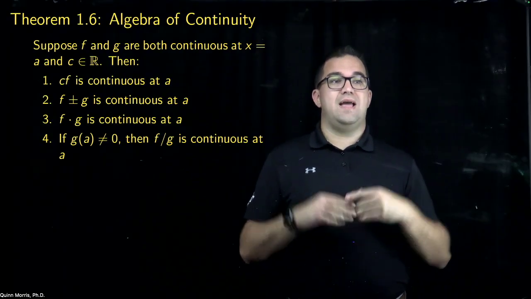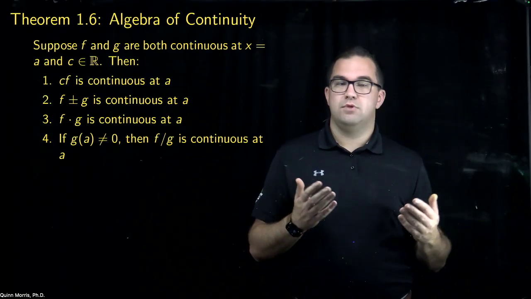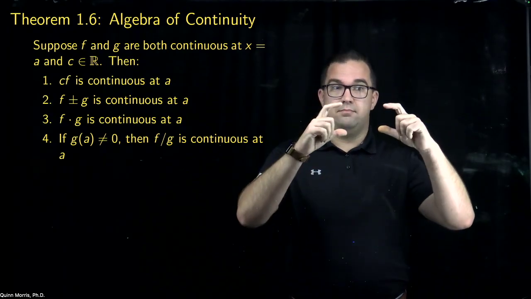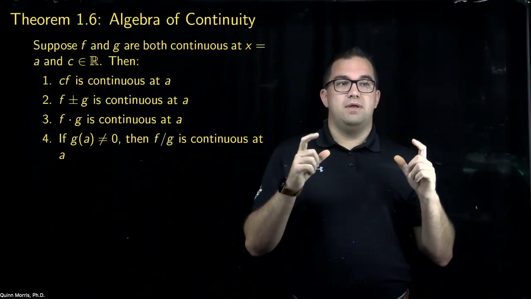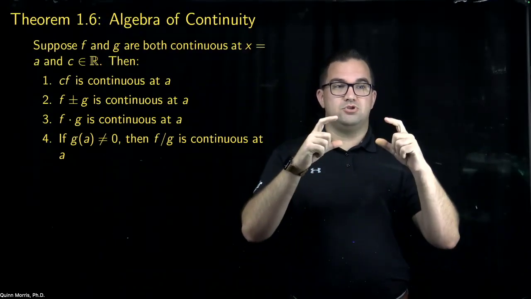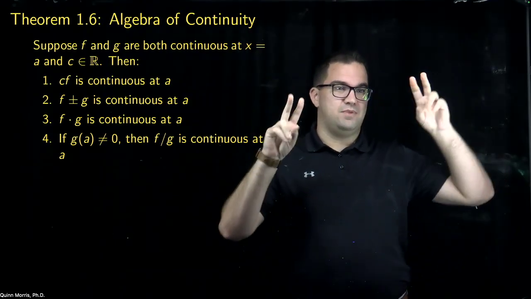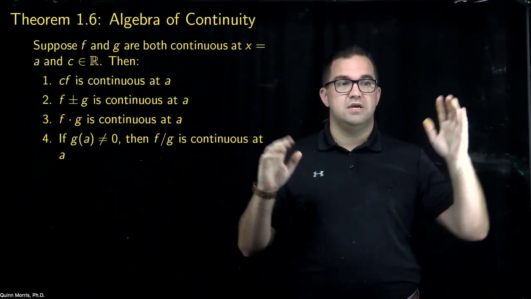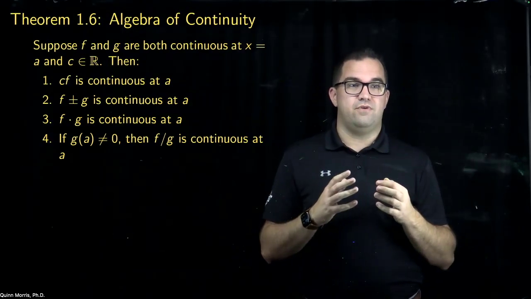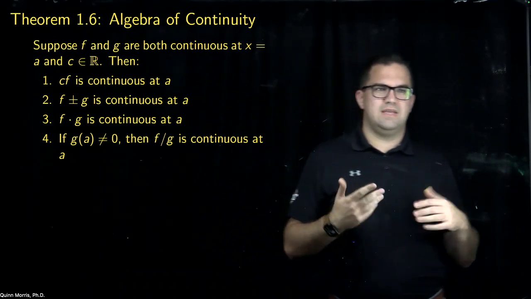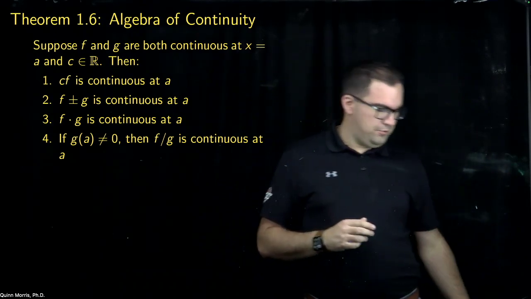And now I know the function x cubed plus sine of x, which is neither a polynomial nor a trig function, has to be continuous. So I can take two continuous functions from different classes, and add them together to create a new function, or multiply them, or divide them, right? These are really nice properties to have.